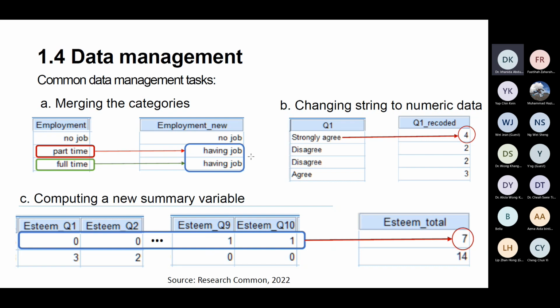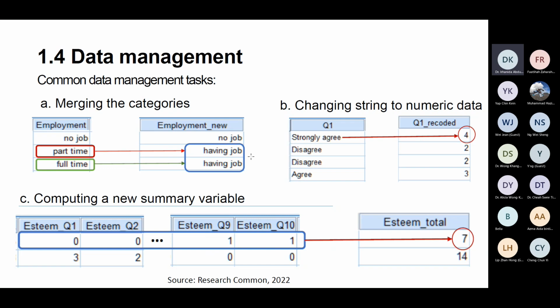Take a look here. We have esteem Q1, esteem Q2, and so on until esteem Q10. We need to group all these 10 questions together to form one factor. After we compute, we will have a new column, which in this case we name esteem total.